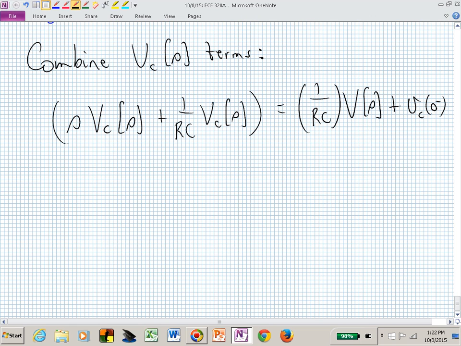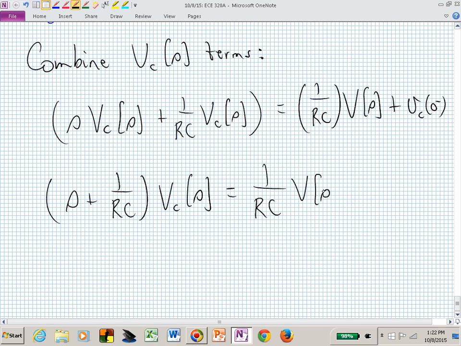Or if I factor out that V sub c of s from the left-hand side of the equation, I now have s plus 1 over RC times V sub c of s equaling 1 over RC V of s plus V sub c of 0 minus.